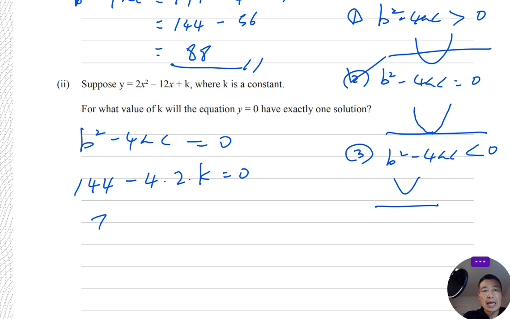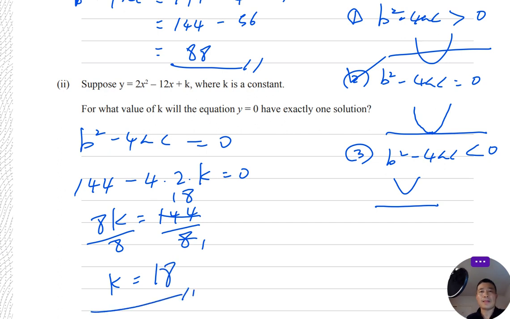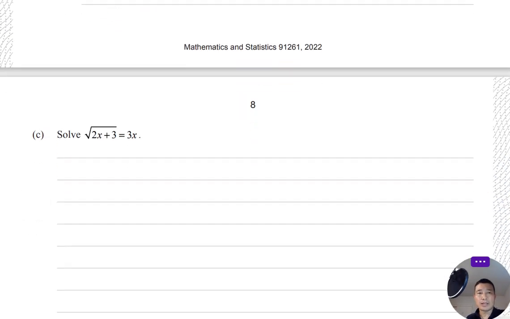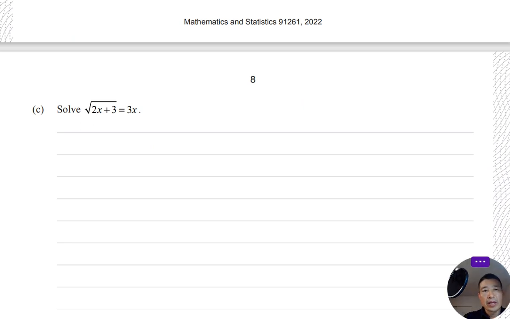So 8k must be 144. Divide both sides by 8, and k equals how much? 18.